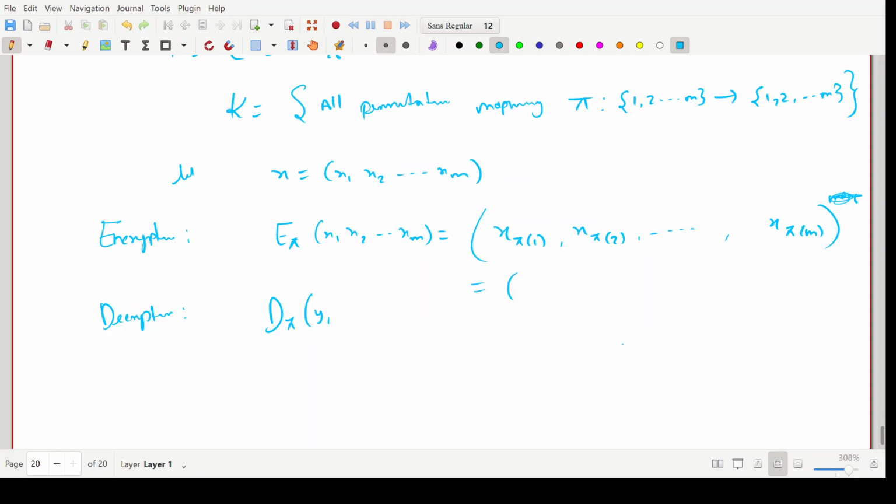So whatever I get, I will have y1 y2 up to ym. For decryption, I am going to take y_pi^-1(1), y_pi^-1(2), and so on up to y_pi^-1(m). This is how I am going to decrypt.